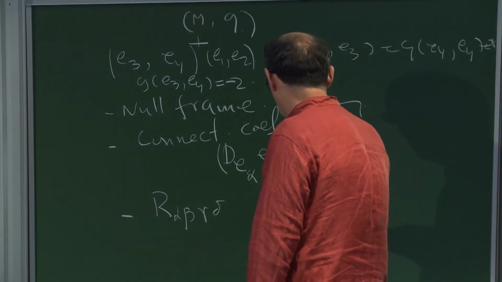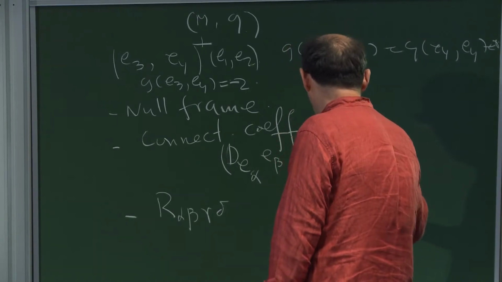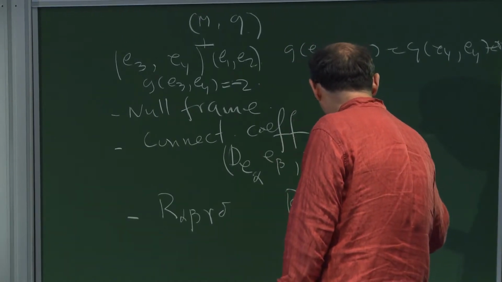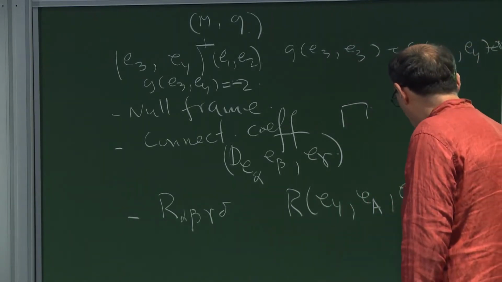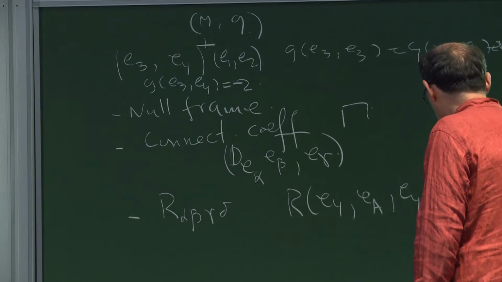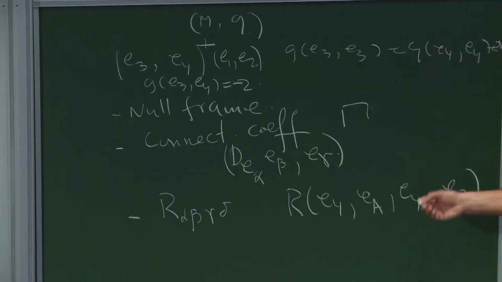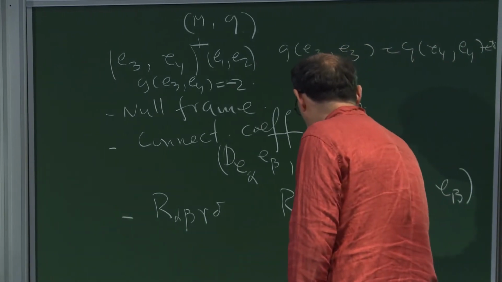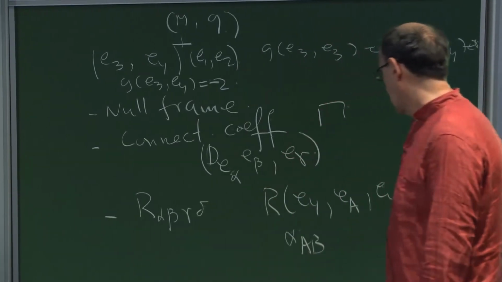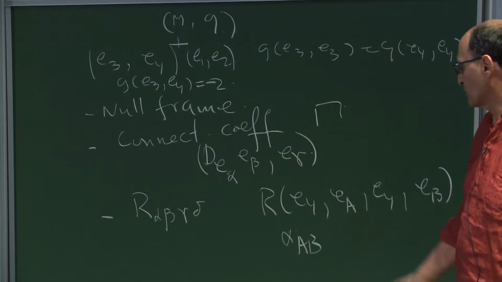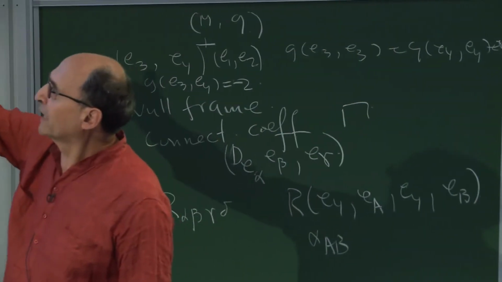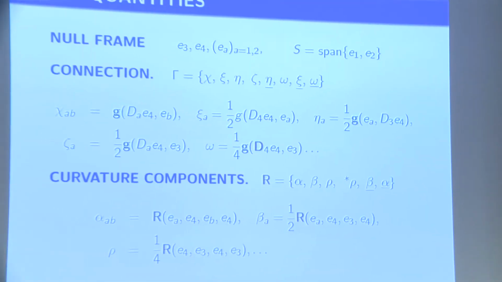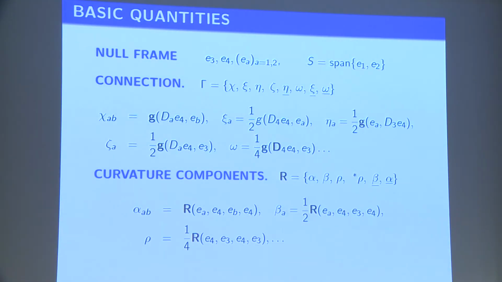For example, if you look at R(e_A, e_4, e_B, e_4), where capital A refers to e1 or e2, this is called, say, alpha_AB. And it's certain components of the curvature. What I wrote there are various combinations of different components of R relative to the null frame.